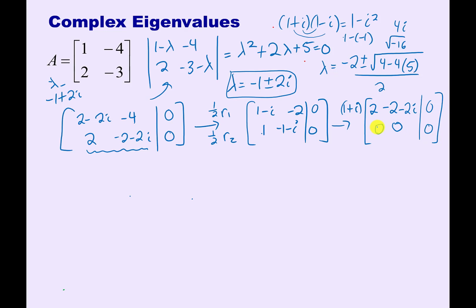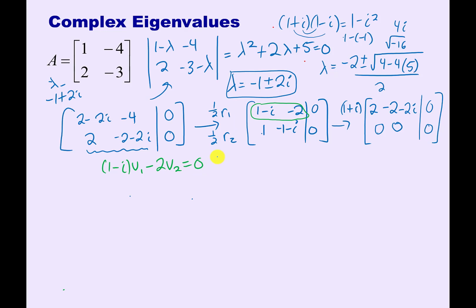It's not always easy to see, but since we know there is a dependency, we don't really even need to do the row operations. We can just take the first row, and I'm going to take it in its reduced form right here, and we can put the variables back in to find an eigenvector. So I have 1 minus i v1 minus 2 v2 equals 0.